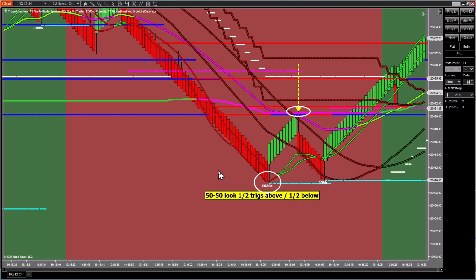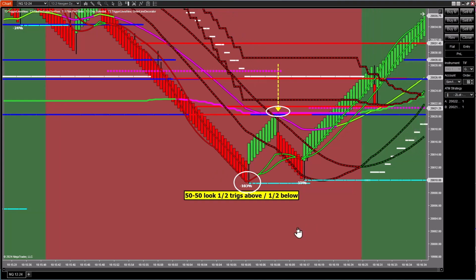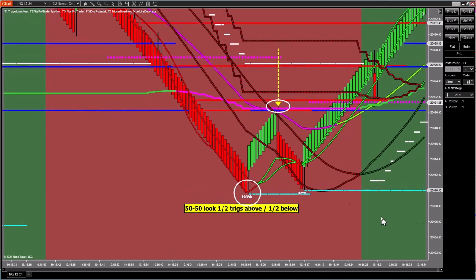But in true 50-50 fashion, they did the same thing that they do most of the time, which is they came down some, but this is the ultimate exit for our purposes. And traditionally, that's going to end up killing the 50-50 and making the whole thing go back up again.